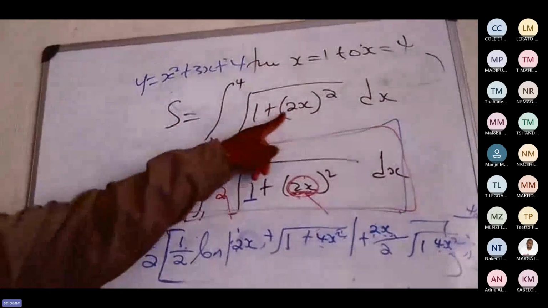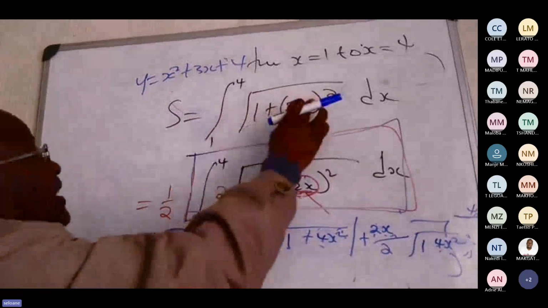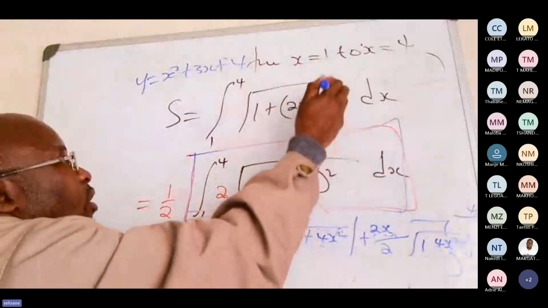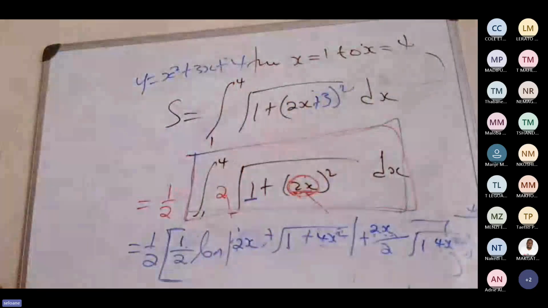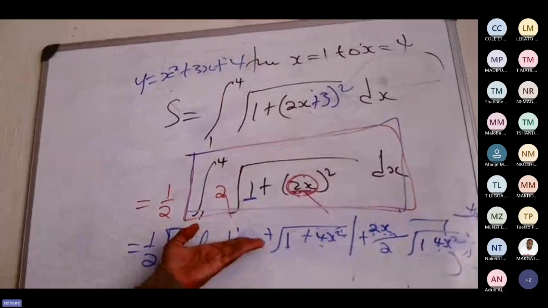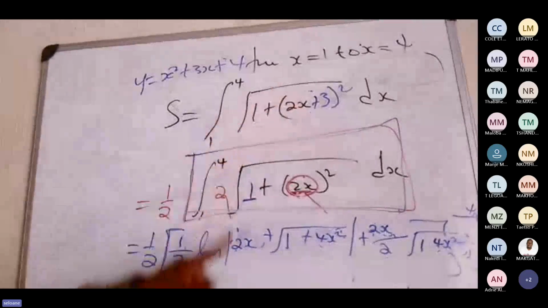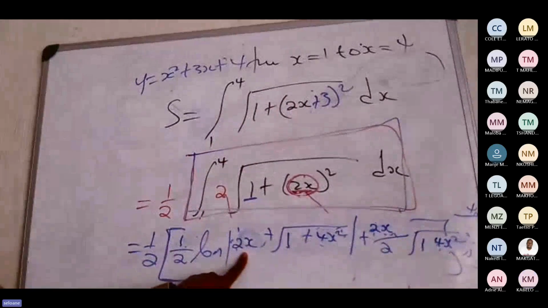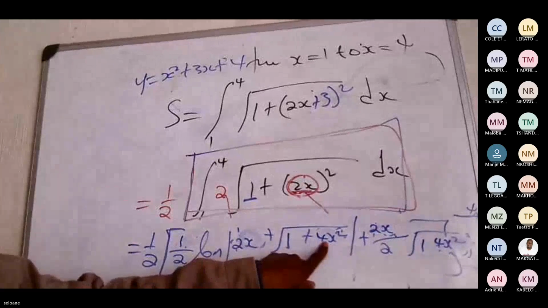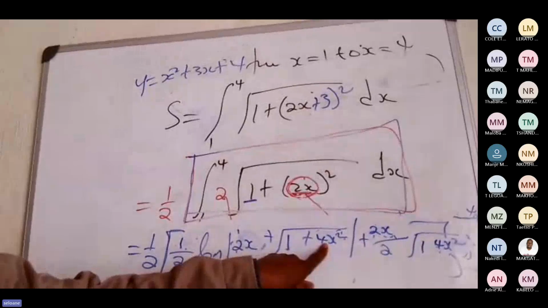When you differentiate that, because this is the derivative all squared, it is not just 2x, it's 2x plus 3, all squared. But it will still be the very same formula. You just have to replace f of x here by 2x plus 3. Because it's not f of x, it's f of x all squared.